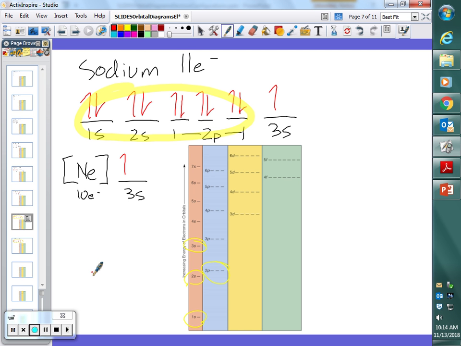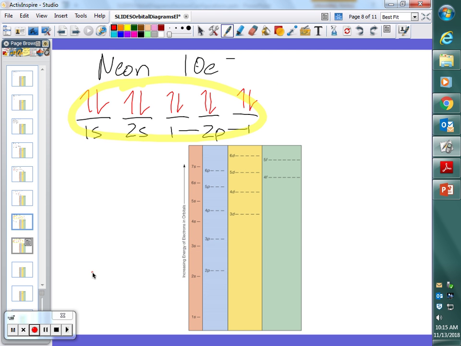But here's the deal: you can only shorthand using elements in the far right-hand column, column 18 on your periodic table. What do we notice about neon here? They're all full.